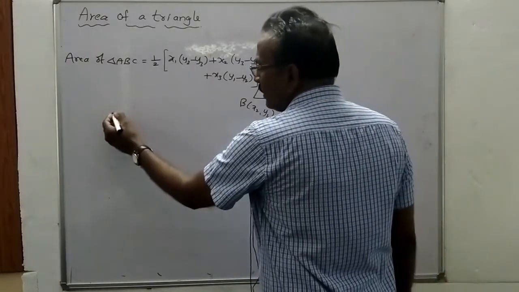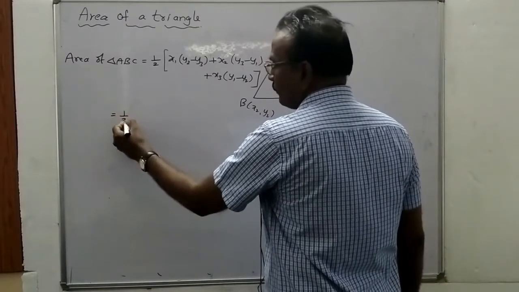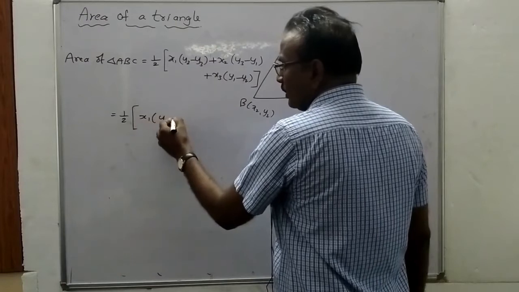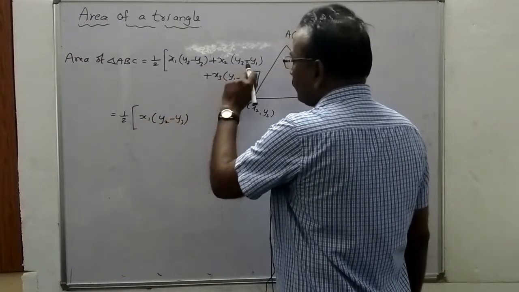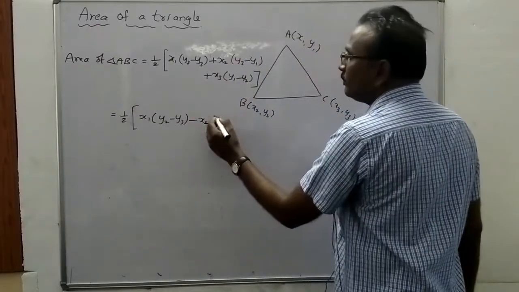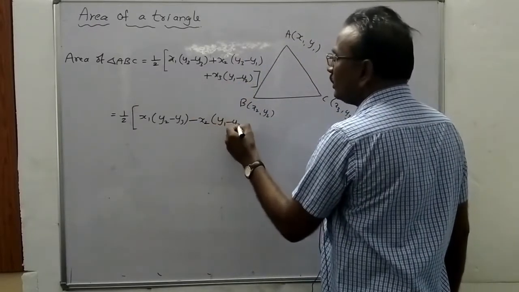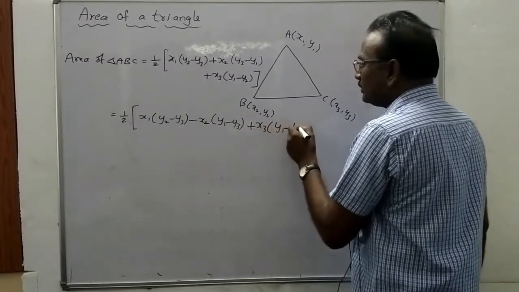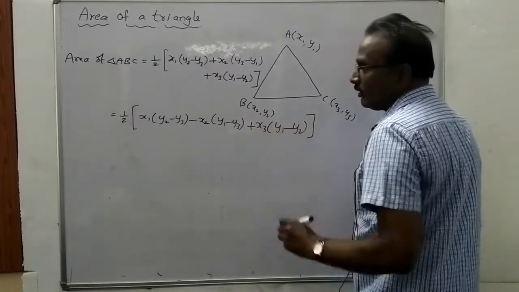This can be written as half into [x1 into (y2 minus y3) minus x2 into (y1 minus y3) plus x3 into (y1 minus y2)]. This is the area of triangle formula.